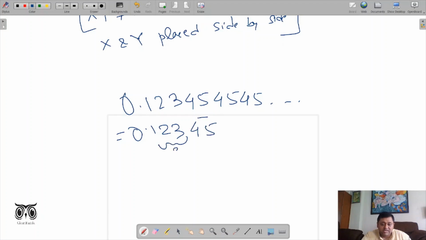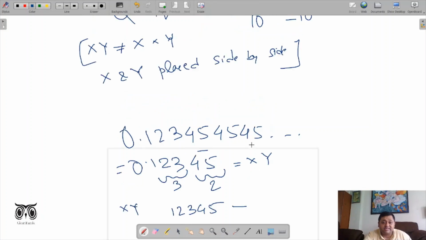You see there are 3 digits and these are 2 digits. So we put x and y together, so what is that? 1, 2, 3, 4, 5. This is our xy format. Minus y, sorry, minus x.